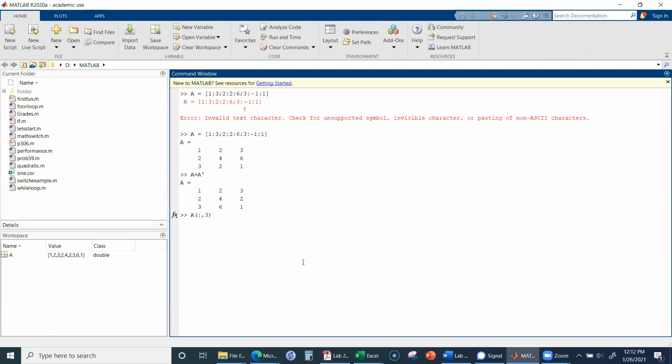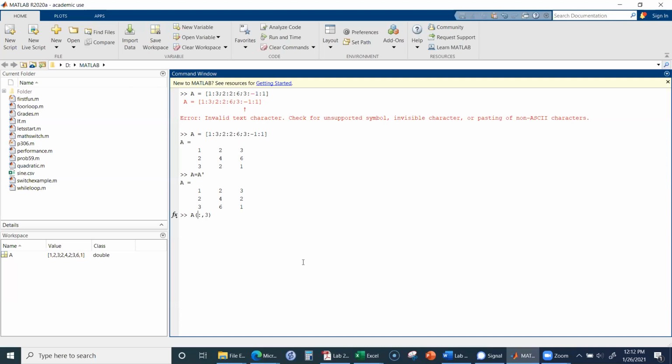So here, the first thing is this colon operator, and then the second reference is the 3. So the first reference is for the row, and when I enter the colon as this first reference, it means it will take all the rows.